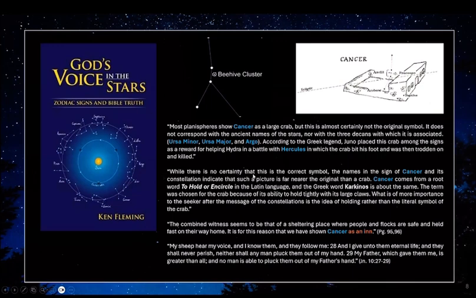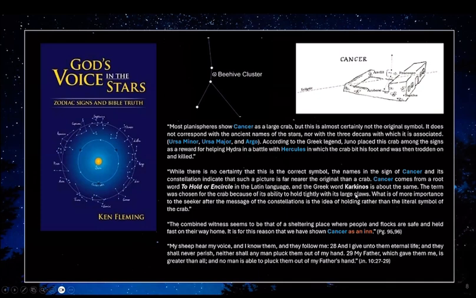While there is no certainty that this is the correct symbol, the names in the sign of Cancer and its constellation indicate that such a picture is far nearer the original than a crab. Cancer comes from a root word to hold or encircle in the Latin language, and the Greek word karkinos is about the same. The term was chosen for the crab because of its ability to hold tightly with its large claws.